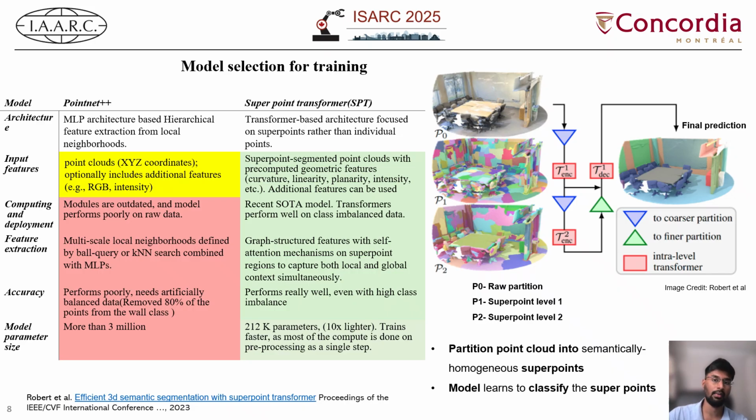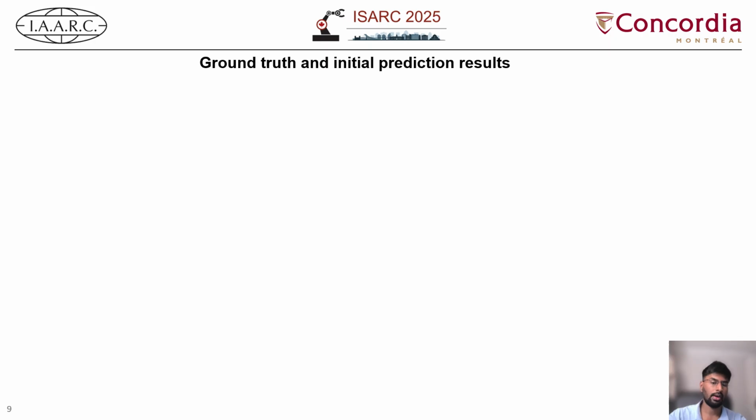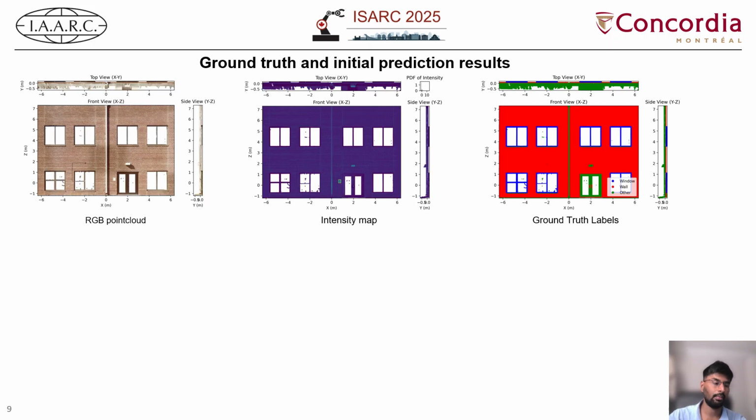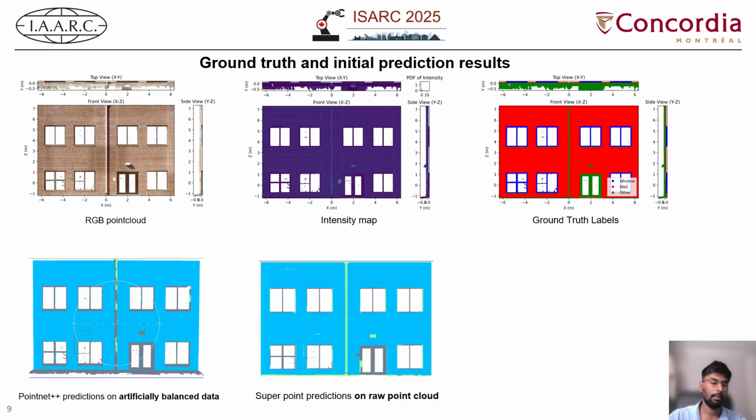So here are some of the preliminary test results from both PointNet++ and SuperPoint Transformer. The image on the left is the predictions from PointNet++, which was tested on artificially balanced data. And these are the raw predictions from SuperPoint Transformer, which is much better as it works on the point cloud as it is.